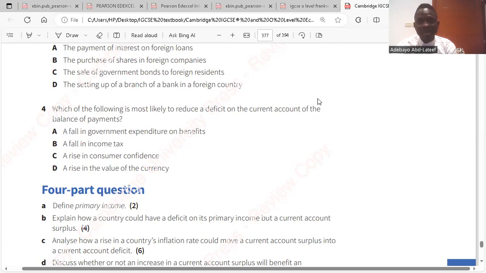Credit side of the current account, debit side of the current account. B, a fall in income tax. A fall in income tax means that income will increase, because there will be more imports. I didn't read it properly. So it's B.